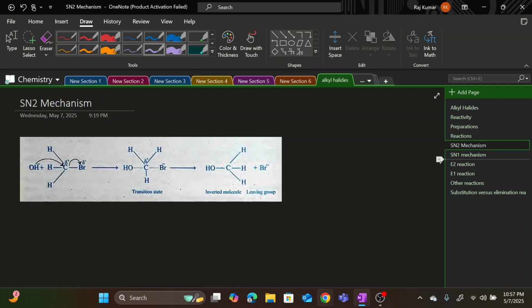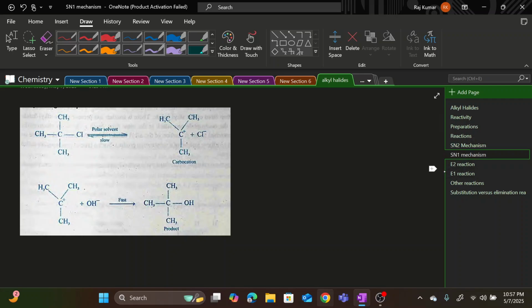Basically, SN reactions are divided into two major categories. There are two different pathways by which SN reactions can happen. It can either go through the SN1 mechanism, or it can go through the SN2 mechanism.